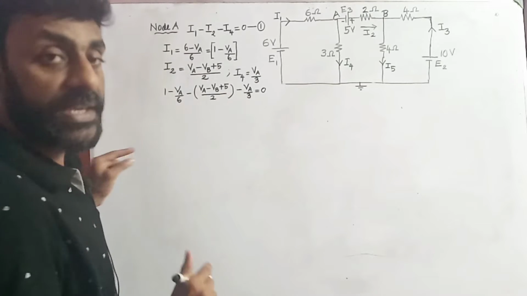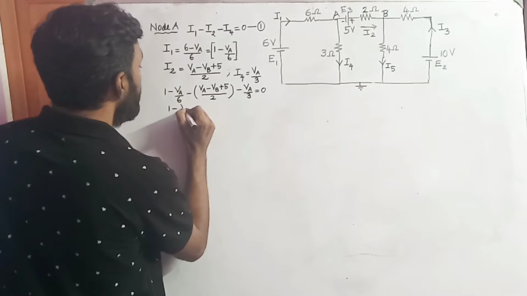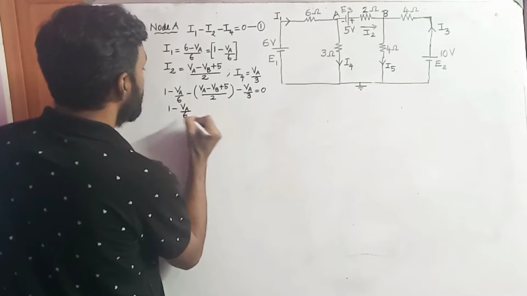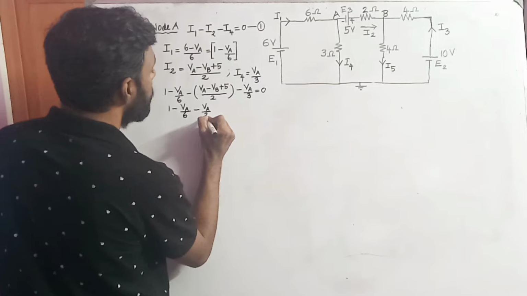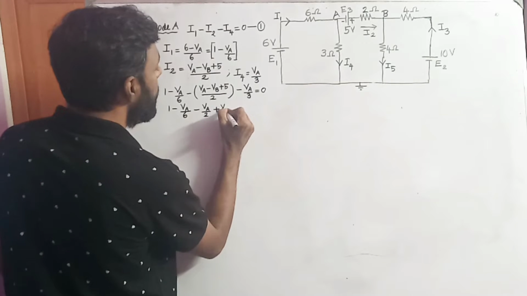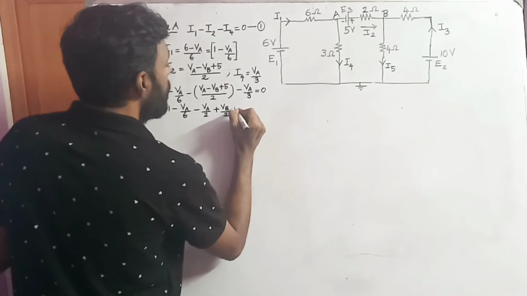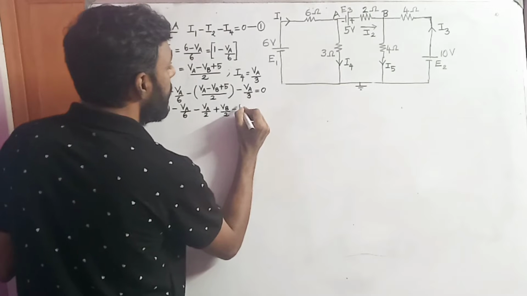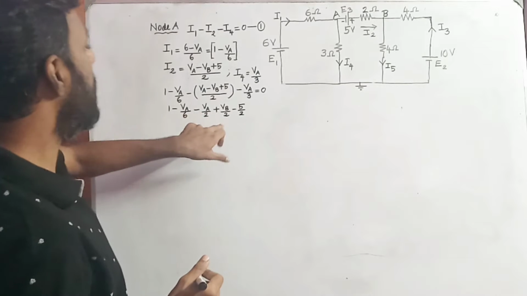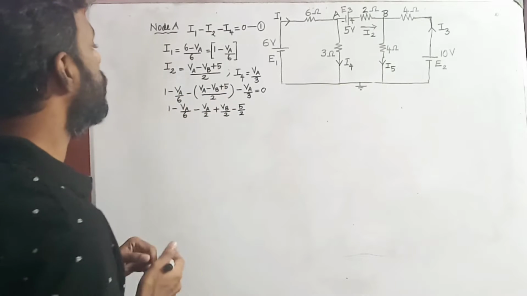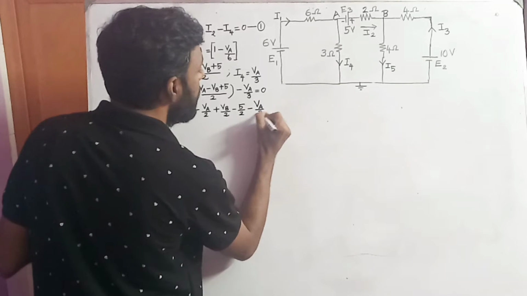Now simplifying this, I'll be getting 1 minus VA divided by 6, minus VA divided by 2, plus VB divided by 2, minus 5 divided by 2, minus VA divided by 3 equal to 0.